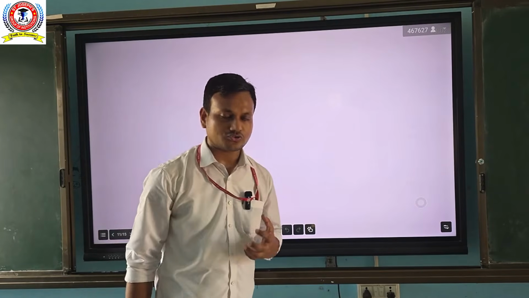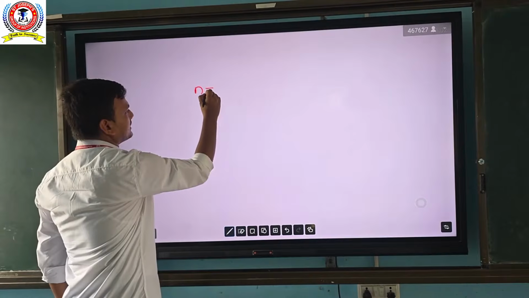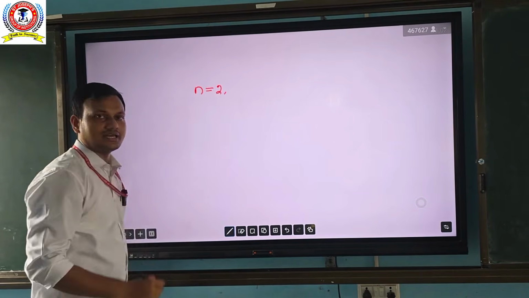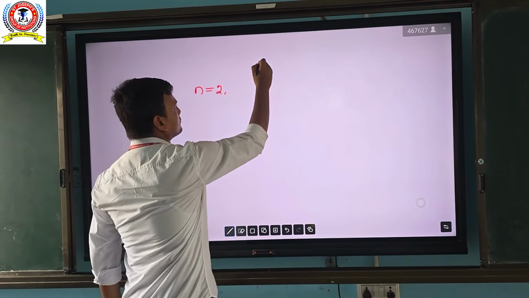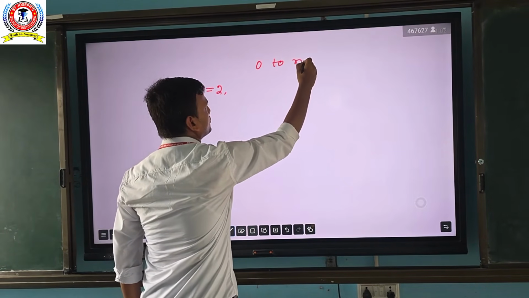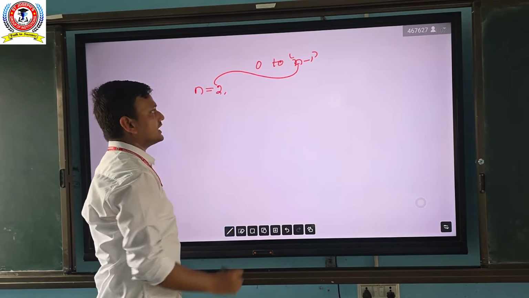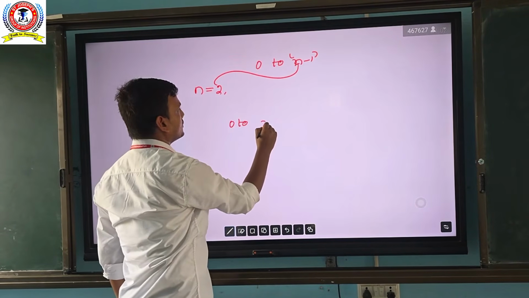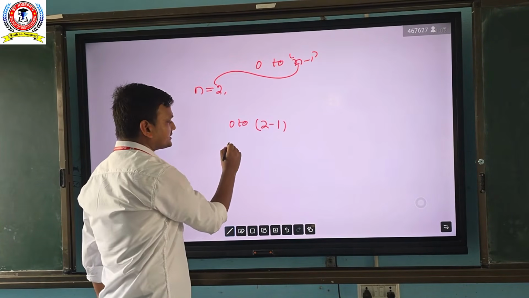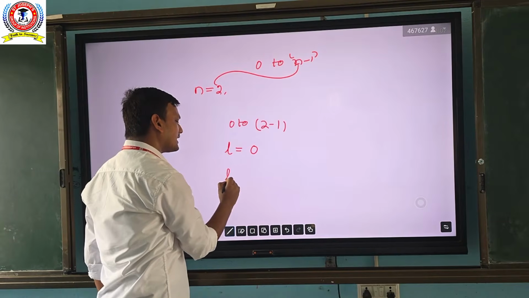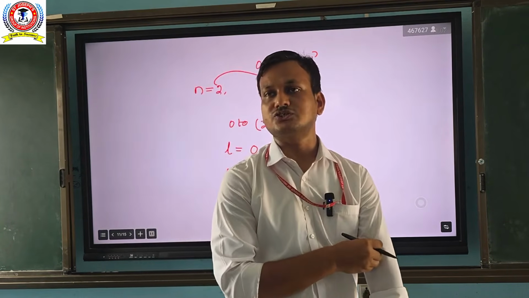Let's come to the second cell. For the second cell, the value of n is equal to 2, and the value of L lies between 0 to n minus 1. When I put this value in, that means 0 to 2 minus 1, which is 0 to 1. So one value is L is equal to 0, and another value is L is equal to 1.